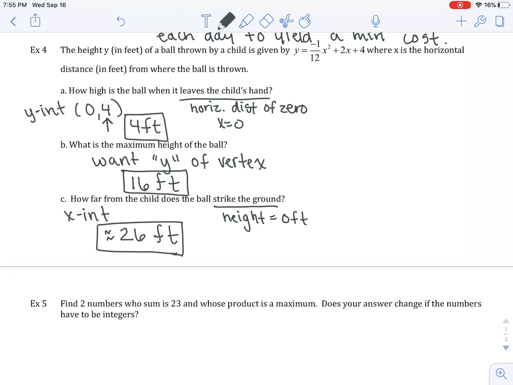If I asked how far do I go for the maximum height, well then that would have been the x value from the vertex, right? How far from the child does the ball strike the ground again? That's my x-intercept, right? So this one is just telling you, no math involved, it's just do you understand what I'm asking you and pretty much what I'm asking you to find and where to go to find it, okay?